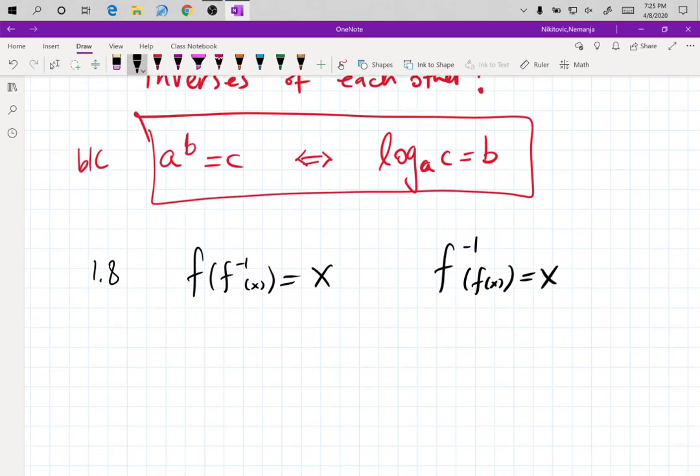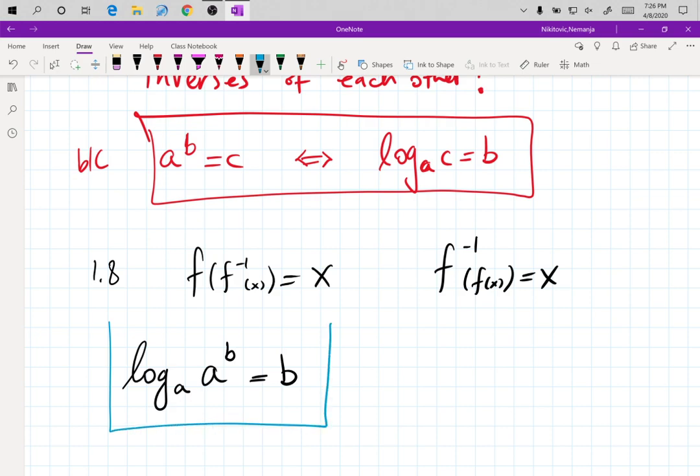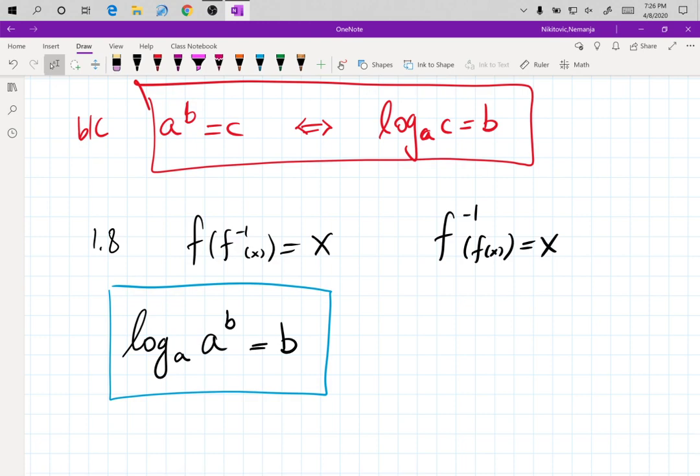That means that we can have log base a of a to the b is just going to be b. Now you can check this using conversion.